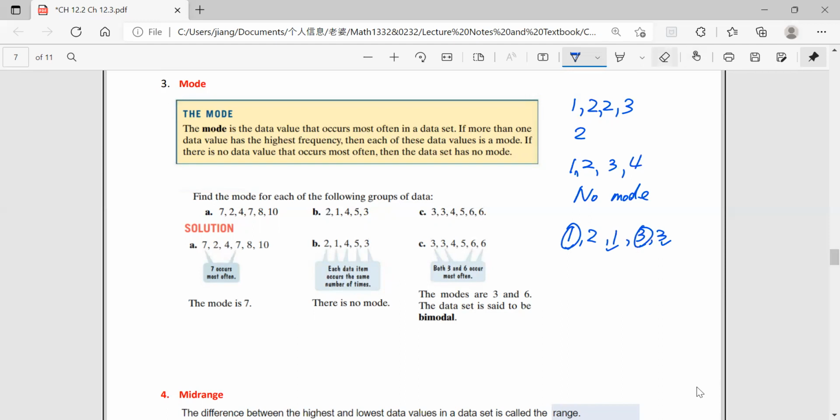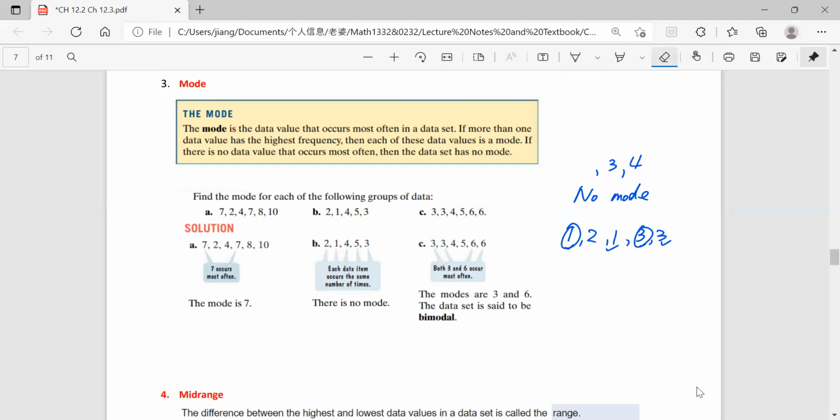Okay, let's use the definition to see the examples. The answer is given here. For the numbers 8, 7, 2, 4, 7, 8, 10, which number occurs most often? That's 7, because 7 occurs twice.